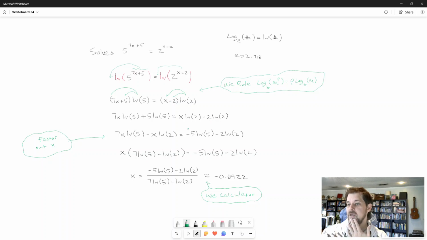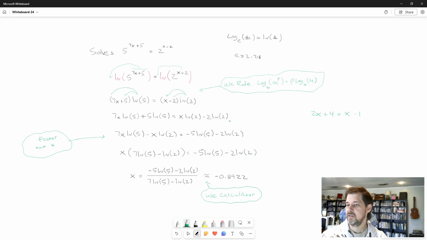Now, when we solve equations, the goal most of the time is to get all the terms with x in them on the same side, and then get the terms without the x to the other side. It's sort of like if I said 2x plus 4 equals x minus 1.